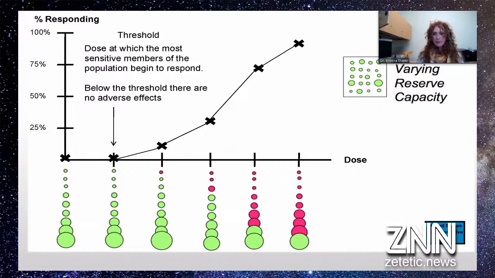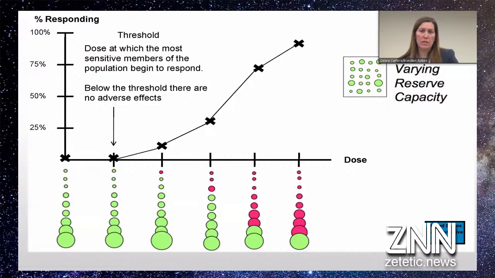But as the dose goes up, you lose that reserve capacity, and that's where you begin to see the pink bubbles. Also layered into that schematic is that at each exposure level, you expect variation in how a population responds. Some people will be more sensitive, some less, so there's variation of individual response.